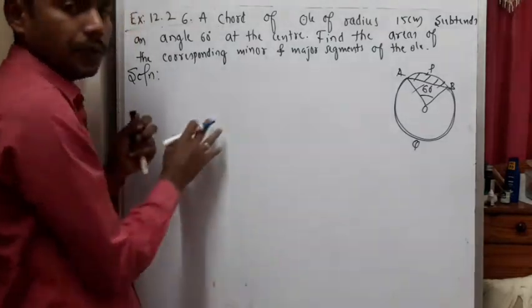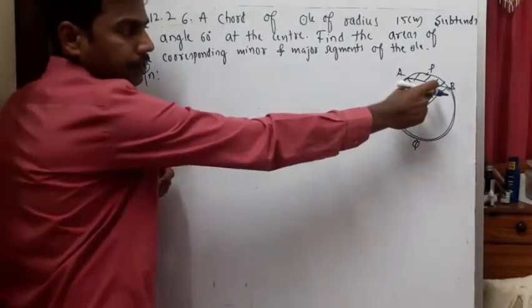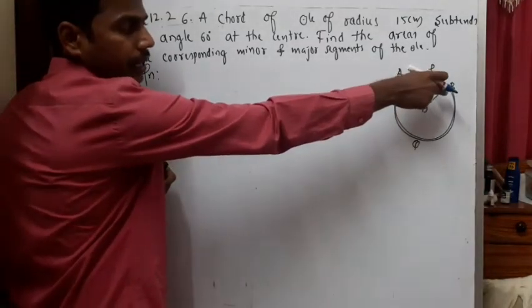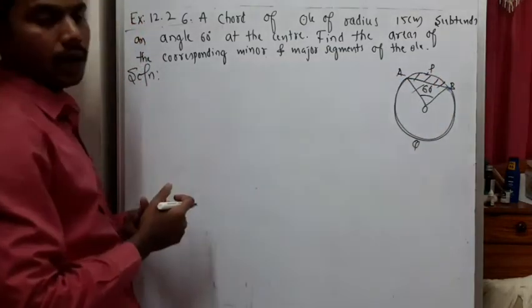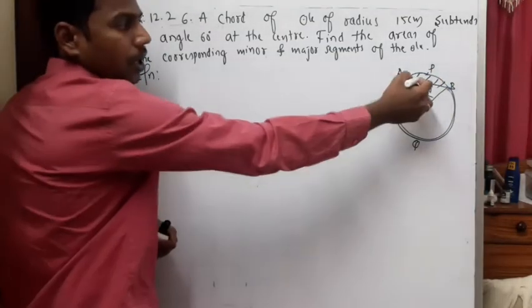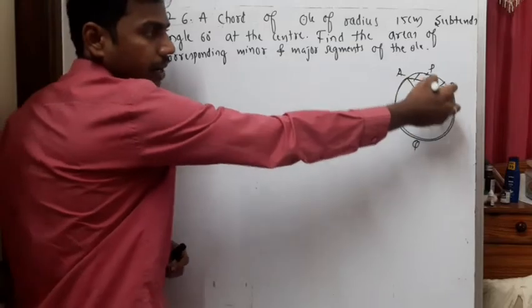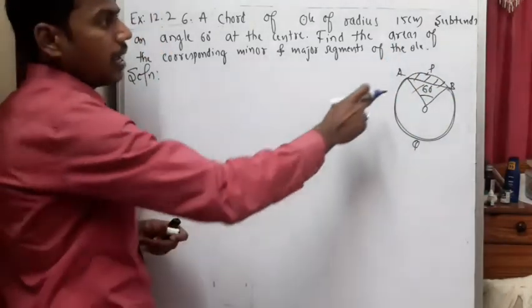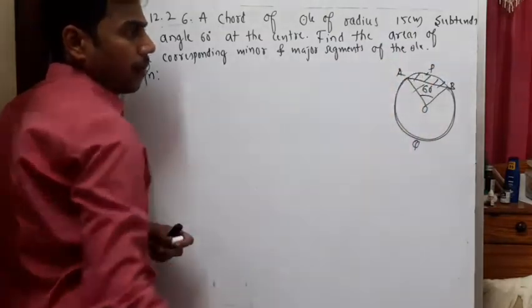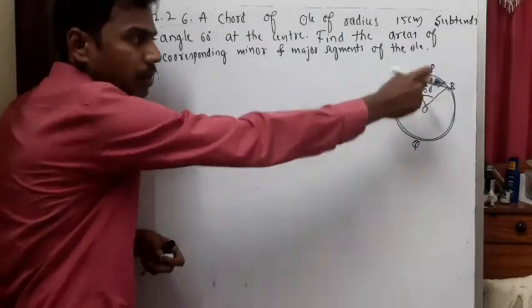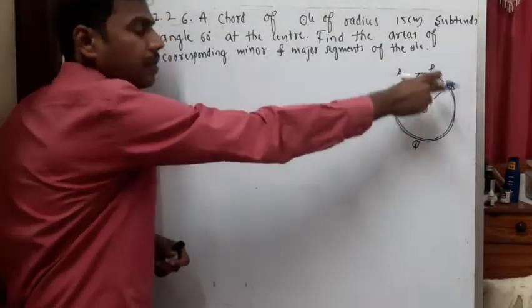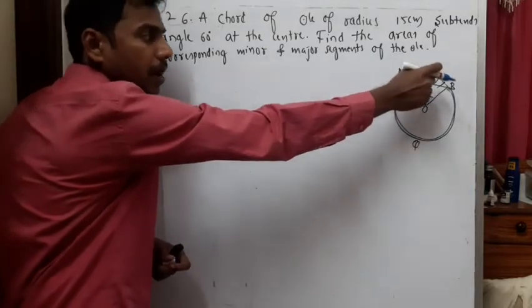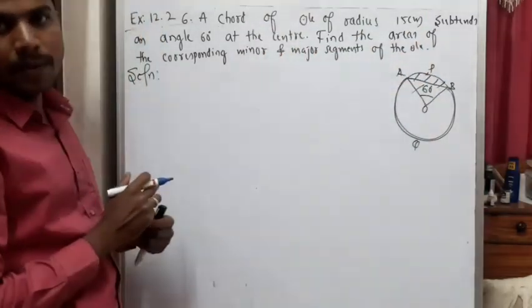First, you need to find the area of the sector. Then from the area of the sector, you need to remove the area of the triangle OAB. Then you are going to get the area of the minor segment. If from the area of the circle you remove the area of the minor segment, you will get the area of the major segment.